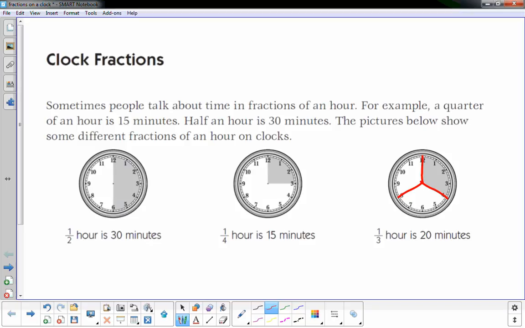And 1/3 of an hour is 20 minutes, because every one of these numbered notches is 5 minutes. So that would be 20 minutes, because there's 4 sections there. If I were to continue this, you could see 4 little skinny pie pieces. Each one's 5 minutes. So altogether it'd be 20 minutes.